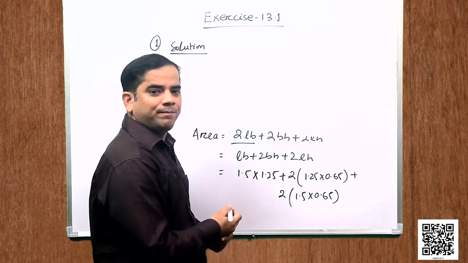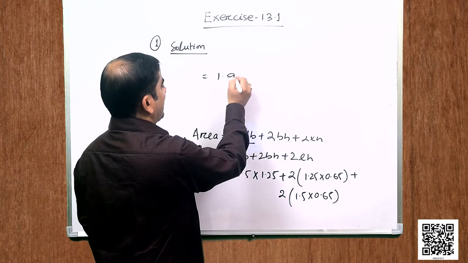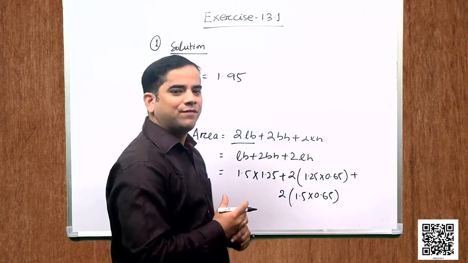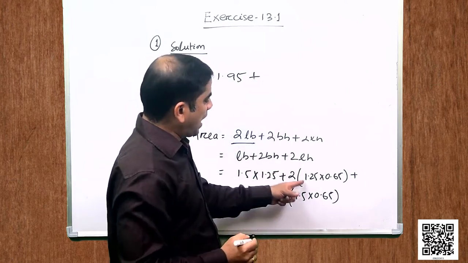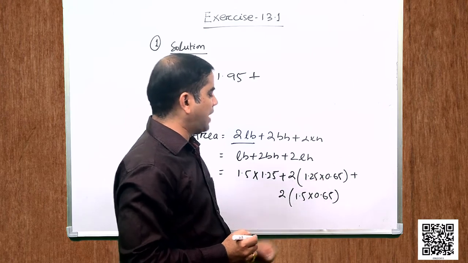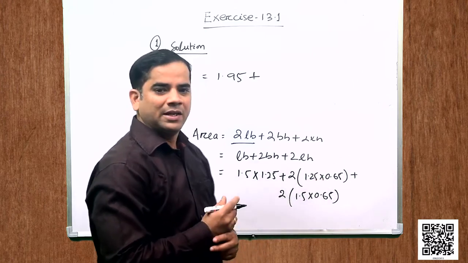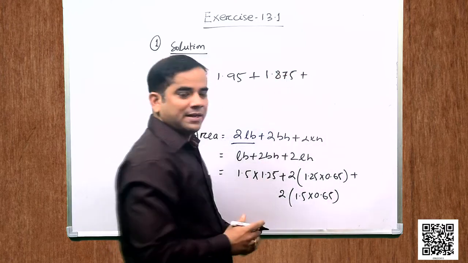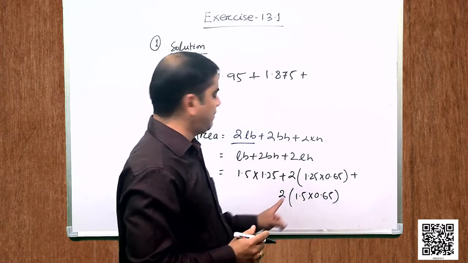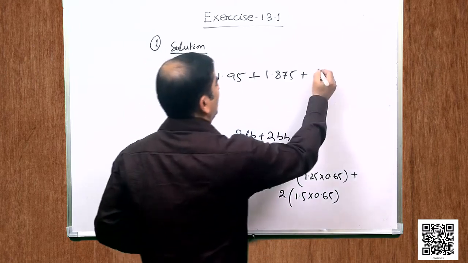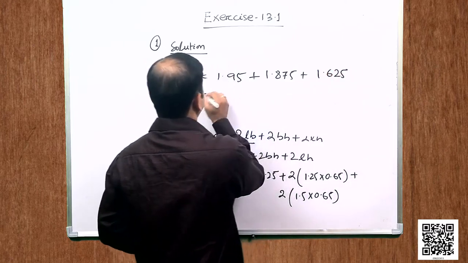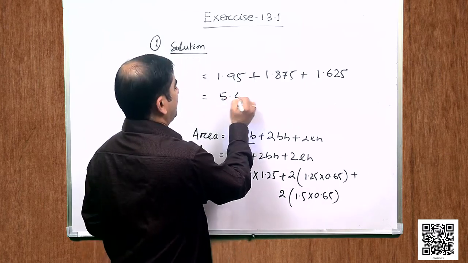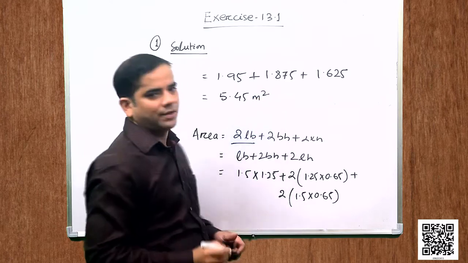After calculating, 1.5 into 1.25 gives us 1.875 plus 1.25 into 0.65 whole into 2, that gives us 1.625 plus 1.5 into 0.65 into 2, it gives us 1.95. Okay. So, when we add, we get 5.45 meter square.